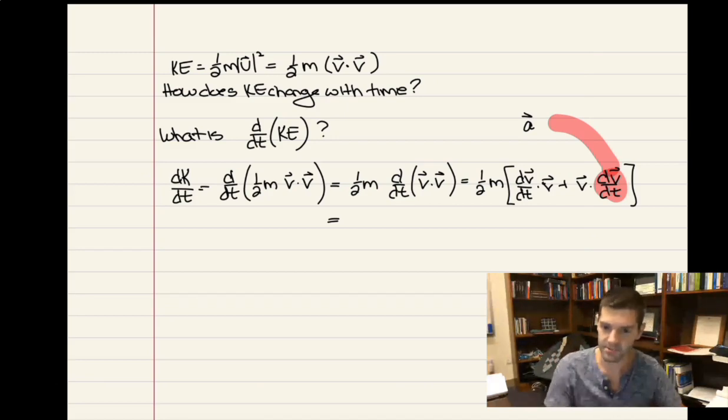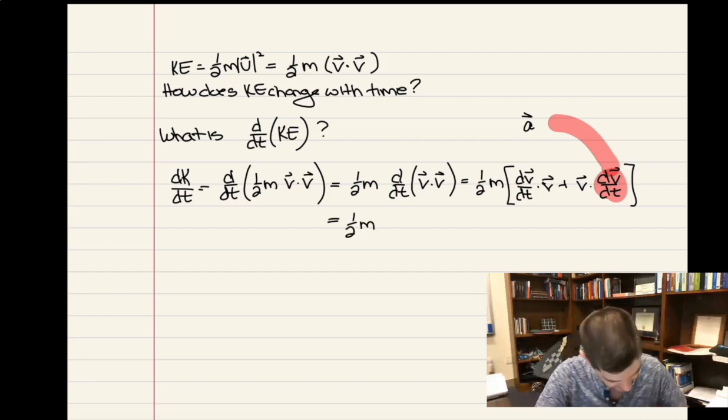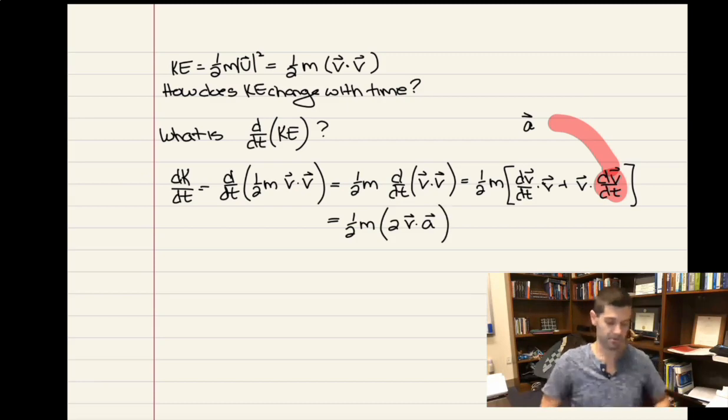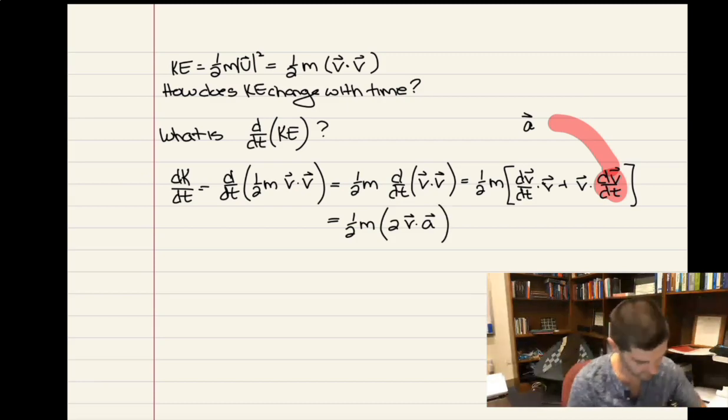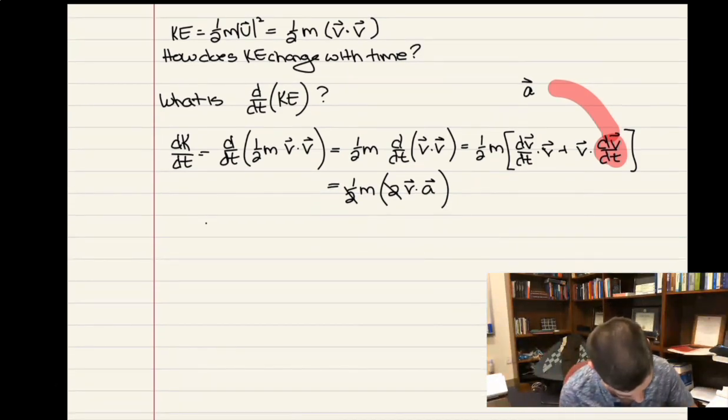So these two terms are actually the same. A dot v is the same thing as v dot a. So then I would say that's 1/2 m, and then it's 2 v dot a, because both of those terms are the same, there's a 2. The 2 cancels with a half. We've then written down that dK/dt equals m v dot a.